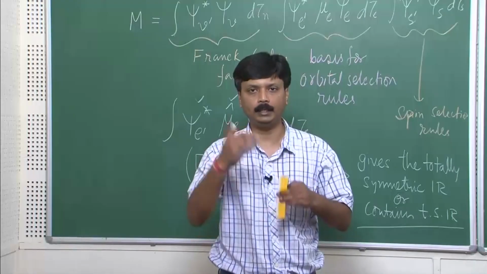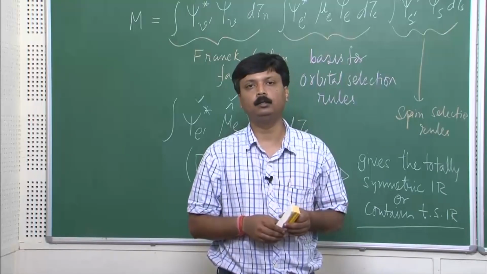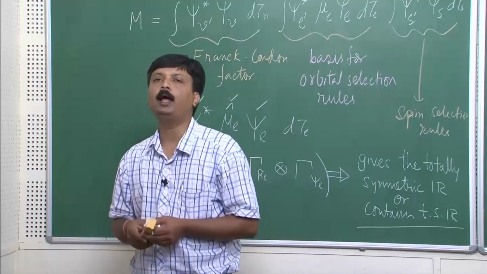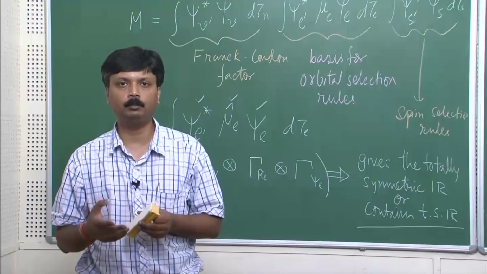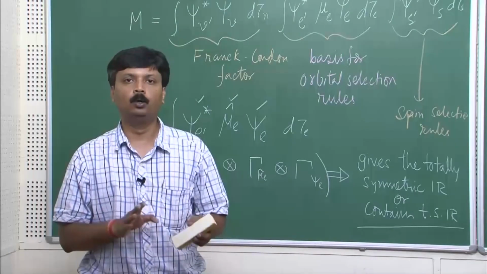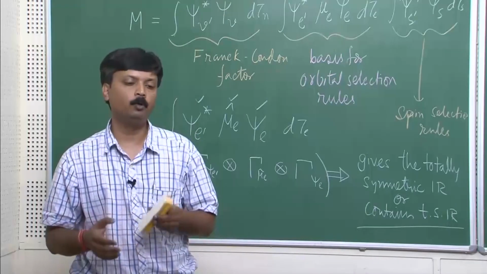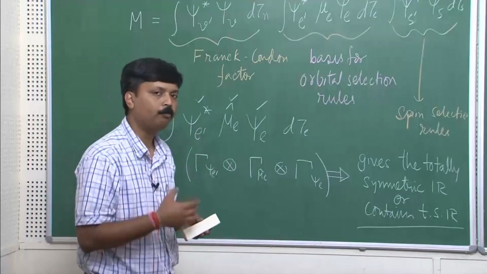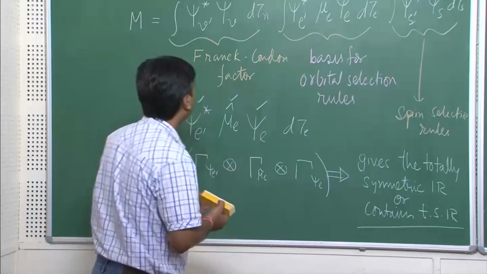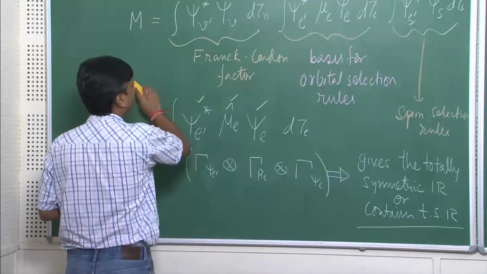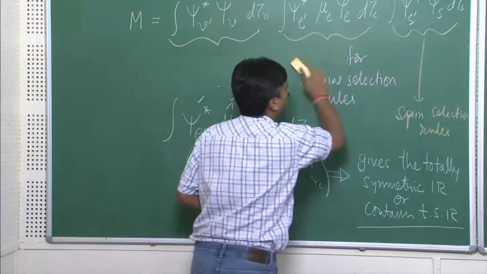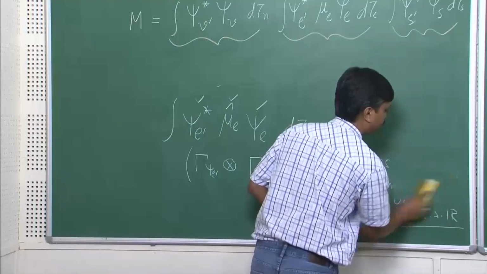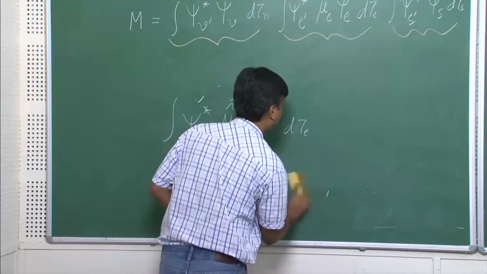There we formed the states by solving the secular equations and secular determinant, using Huckel's approximation, and then ultimately using Hund's rule and Pauli's exclusion principle, we filled up the orbitals. Orbitals were formed by the linear combination of p pi orbitals of the carbon atoms. So that we will come to shortly.